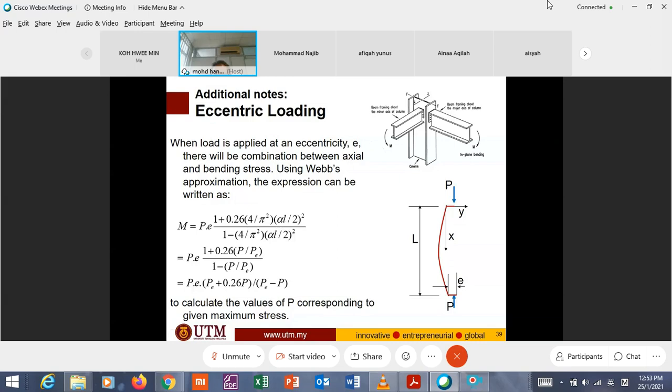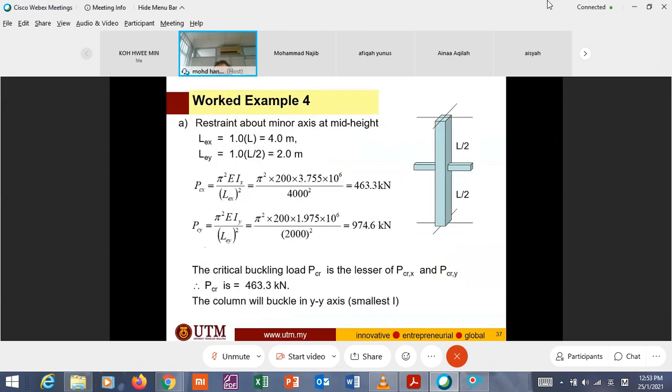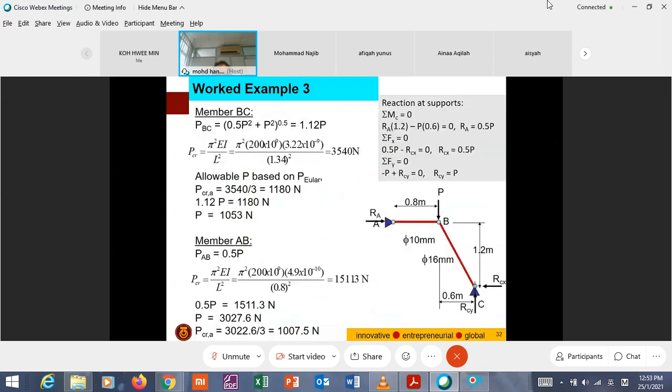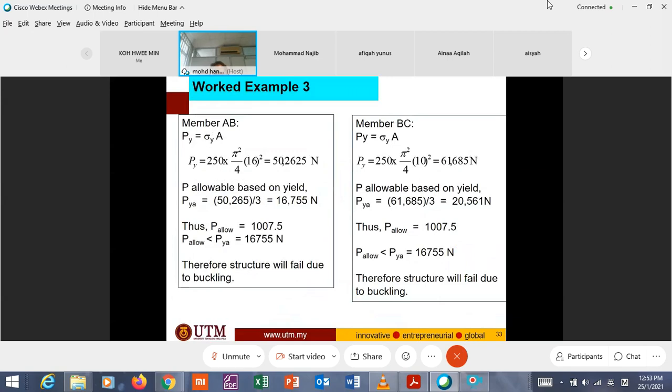I think that's the end of our lecture today. We have finished the column actually. For next Wednesday, I'll check this example, a short example, but maybe there is some error from copy and paste.